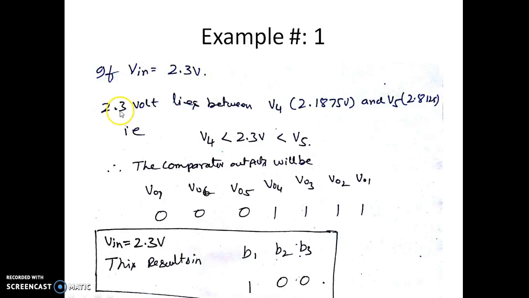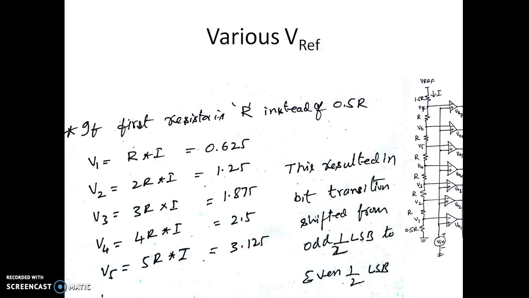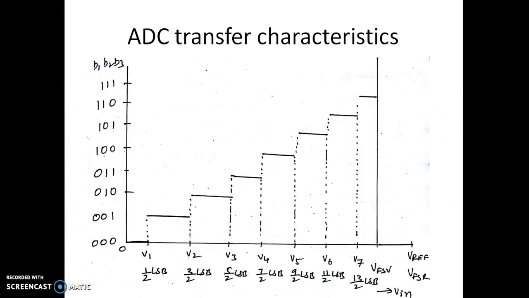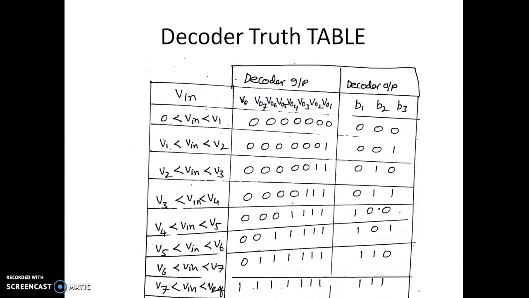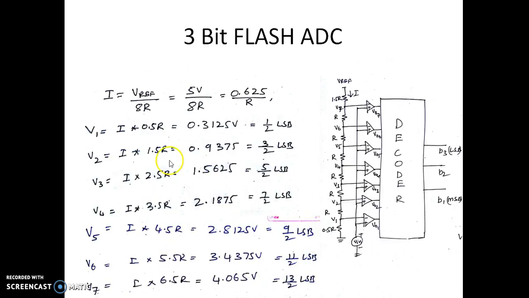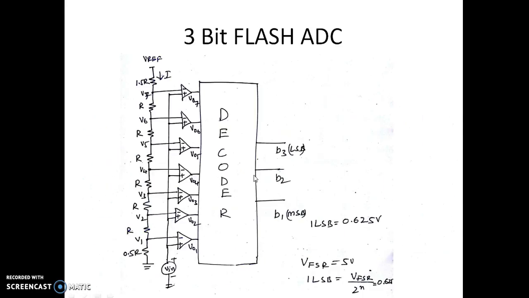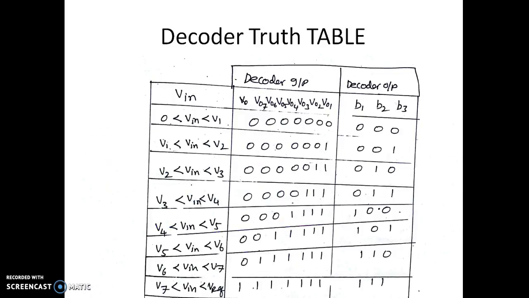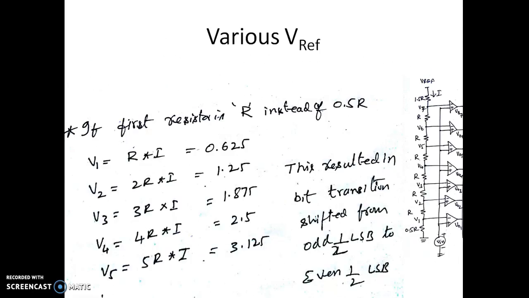Now we can find out what this 2.3 volt corresponds to. If you just go back and see, we are looking at 2.3 volts. You can see that 2.3 volts is lying between some two reference voltages. I just ask you to find that.